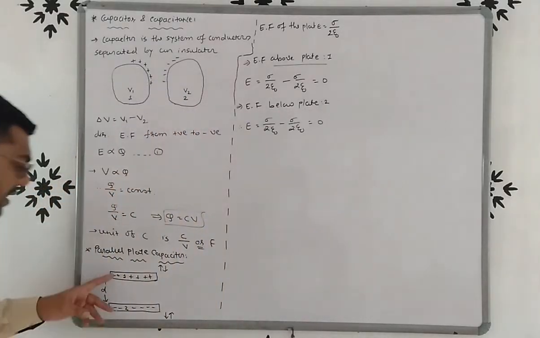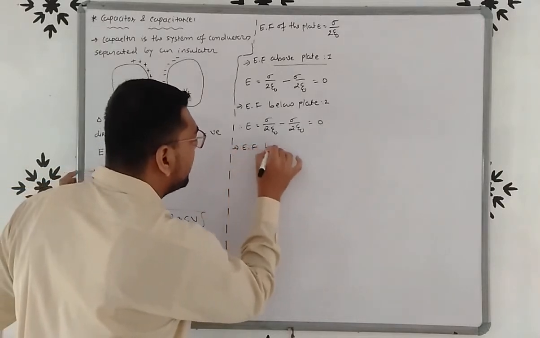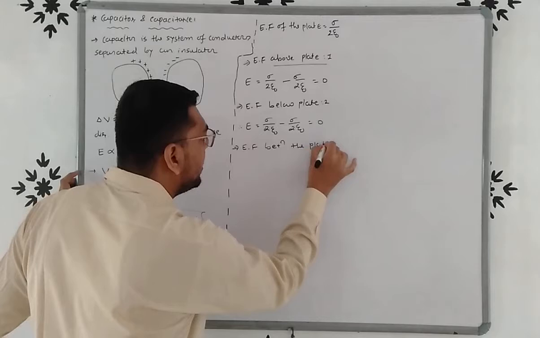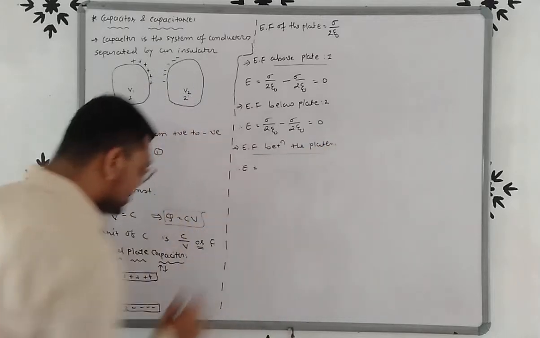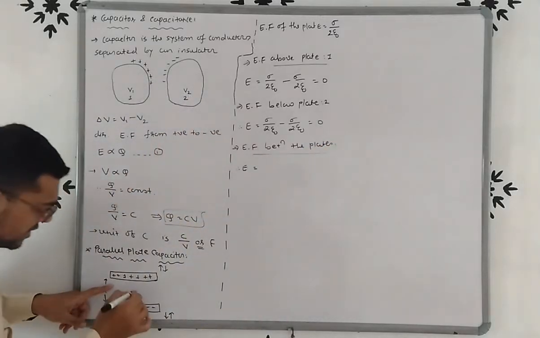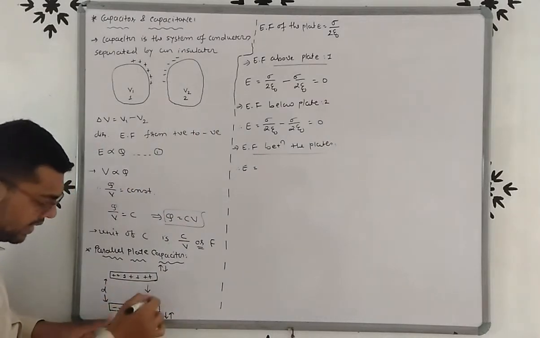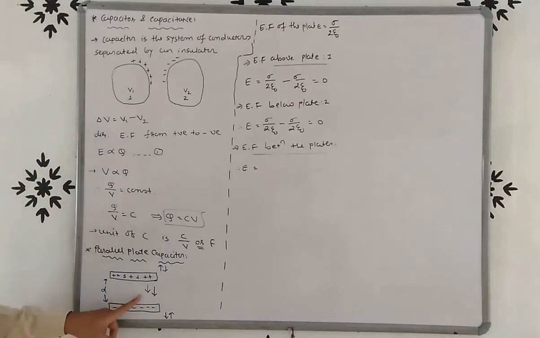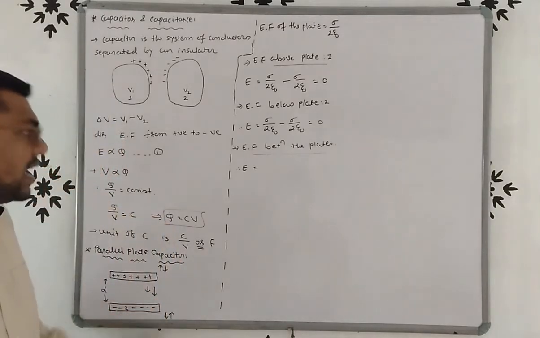Now between these two plates, so electric field between the plates. Now between the plates electric field is equals to, see here friends, for positive charge direction outward, for negative charge direction inward, like this. So here see, the direction of electric field for positive and negative charge are same.